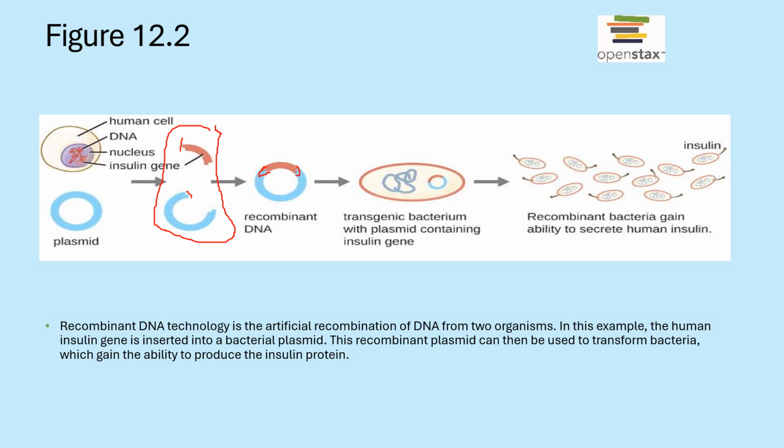So you're able to collect the insulin, filter it away from the bacteria, and you now have human insulin that you can give to diabetics, which is certainly going to be a lot better for the diabetics. Before they could do this, they used to use pork insulin, and sometimes you had reactions to that.